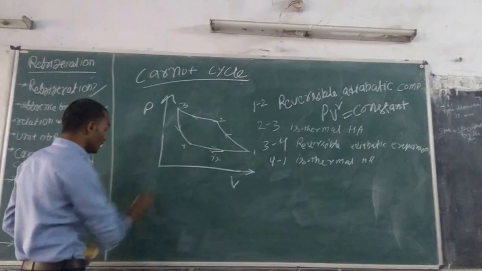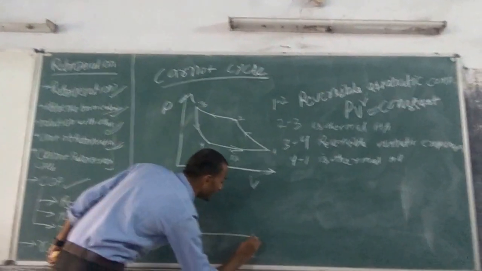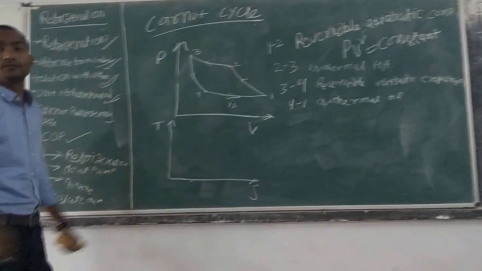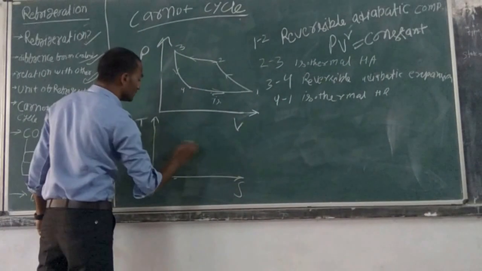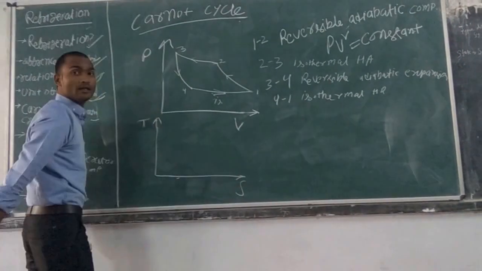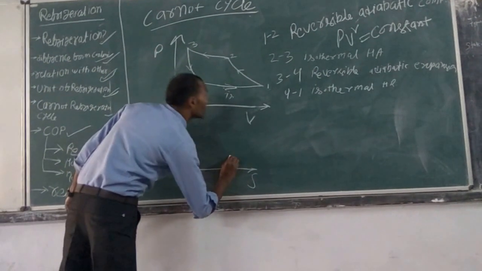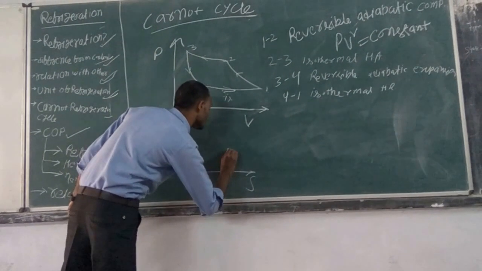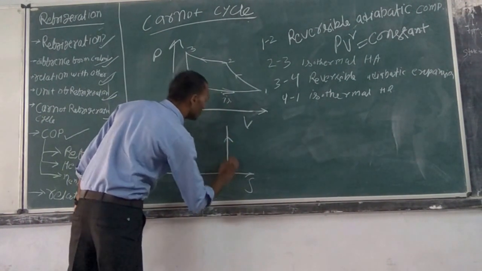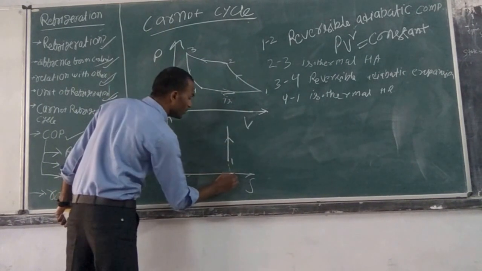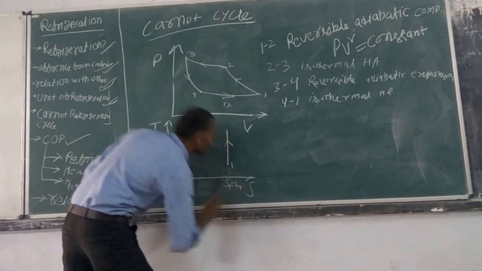As we said, in the refrigeration process, we have to maintain our temperature lower than the atmosphere. So, if we draw this diagram in the TS diagram, temperature versus entropy, then it will look like this. The first process, reversible adiabatic compression, from 1 to 2, is a straight line on the entropy axis, where S1 is equal to S4.